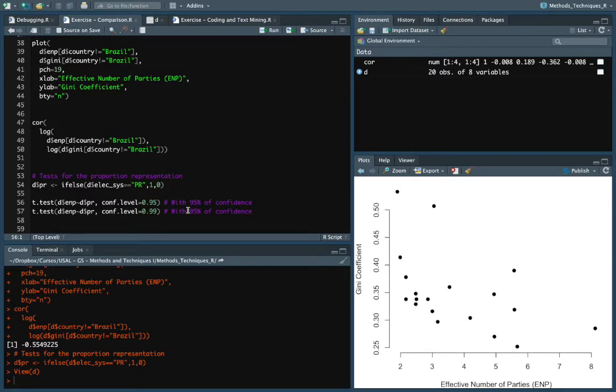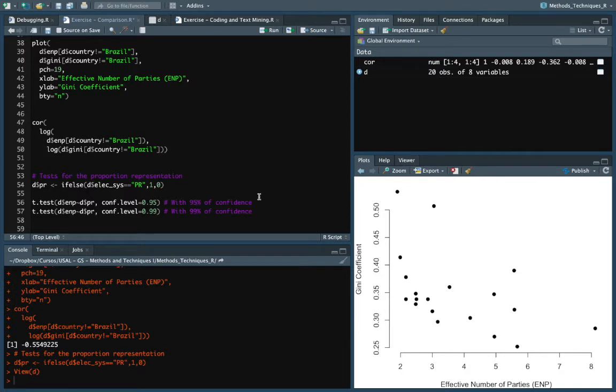And here I test with 95% of confidence. Out of 100 countries, how many of them really have higher effective number of parties in PR systems than in other kinds of electoral systems?